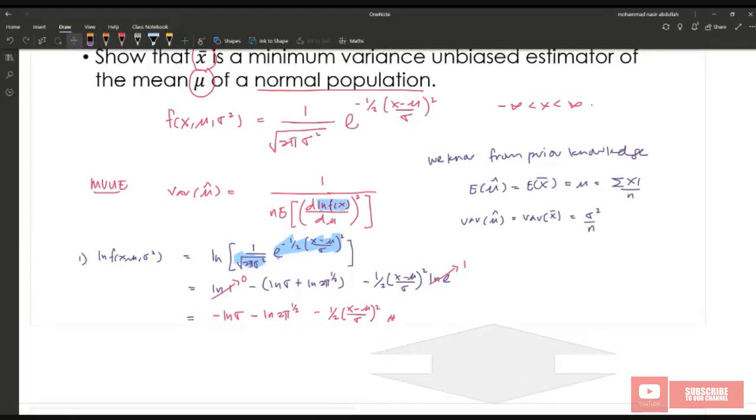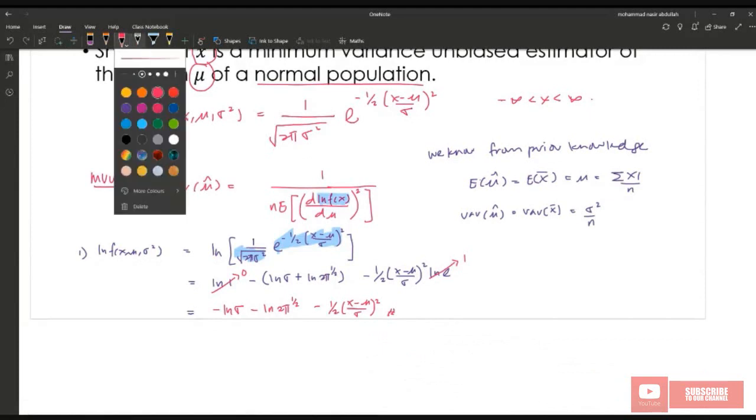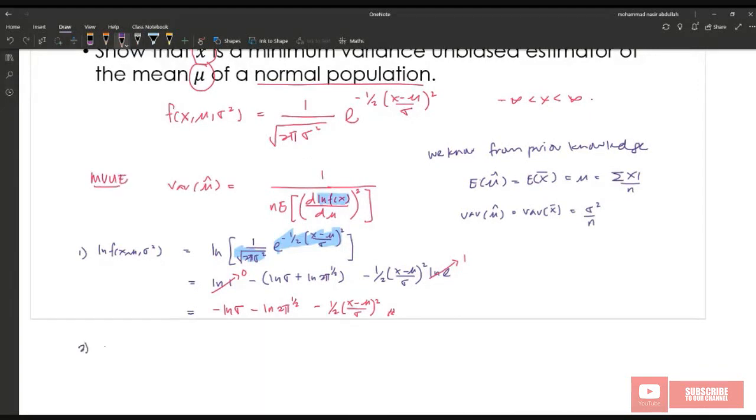So the second step is we are going to differentiate ln f(x) with respect to mu.